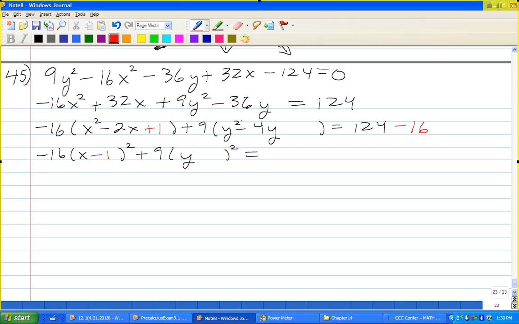Negative 4 divided by 2 is negative 2, squared is 4, times 9 is 36. Divide both sides of your equation by 144.